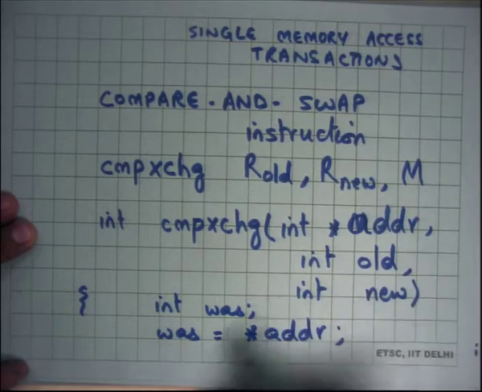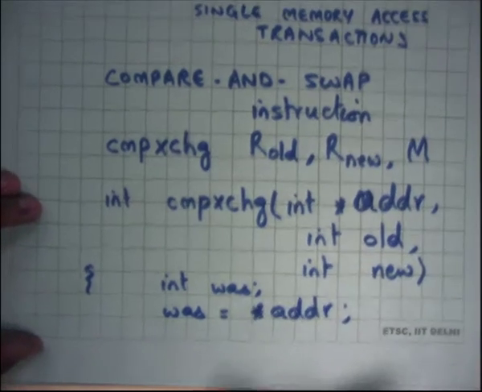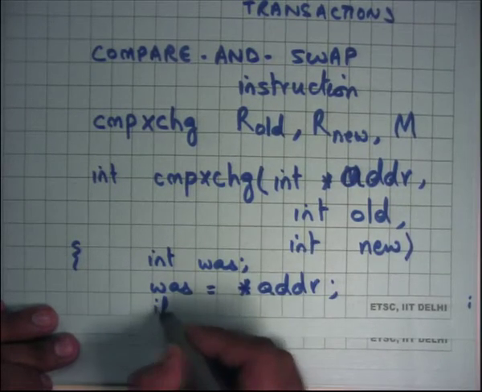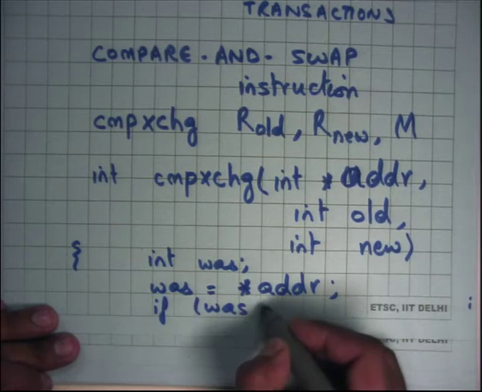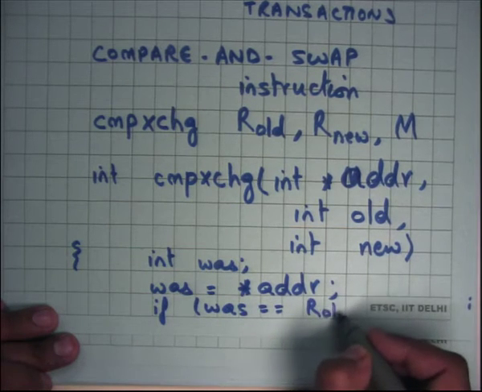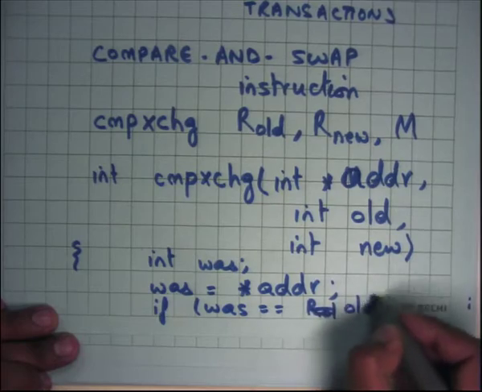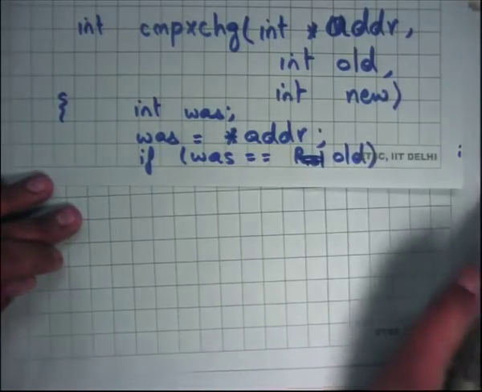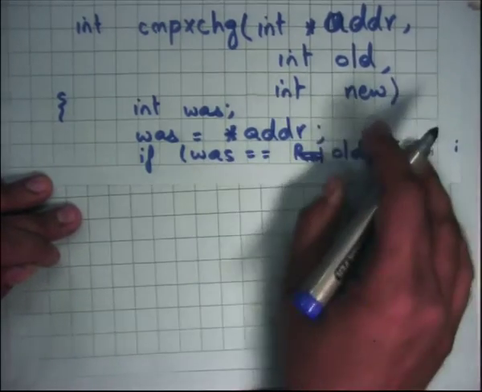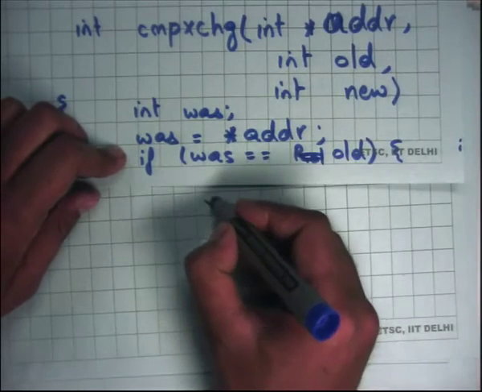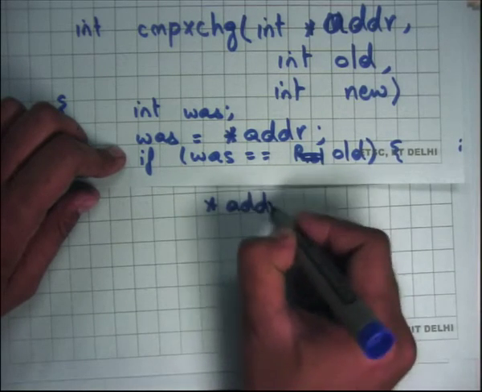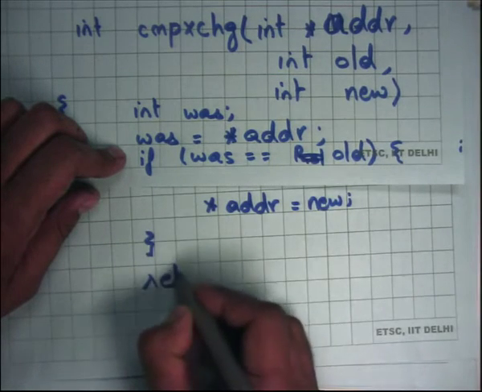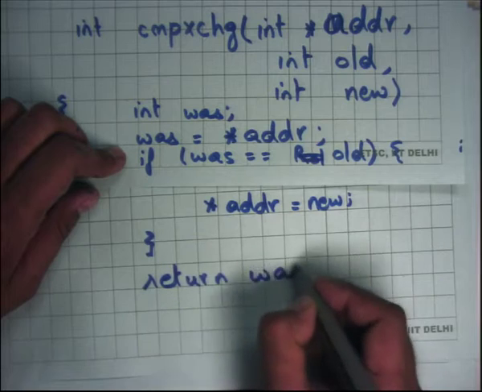So it reads the value in adder into a local variable, or locally in the hardware for the instruction, and compares the current value with r old, or with old in this C code. If was is equal to old, then star adder is equal to new, and return was. All right, I am going to explain it very soon.